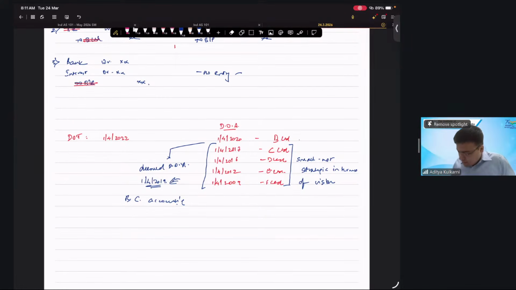Yes, but this particular company is a strategic acquisition. So you wanted this particular acquisition to reflect the economic realities on the date of acquisition. Is it okay? Yes.